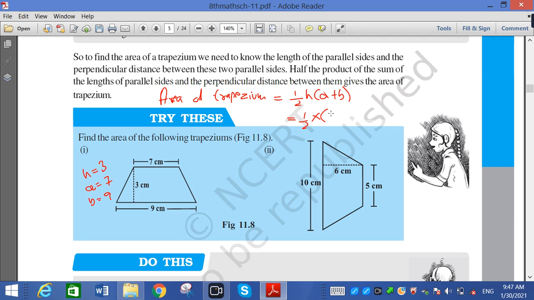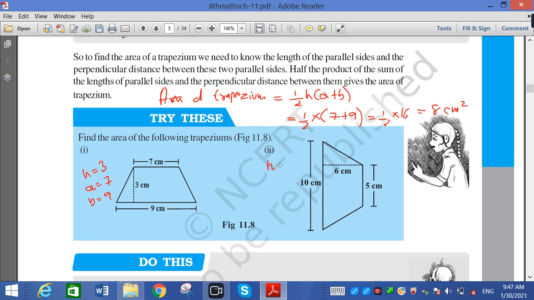That is 7 plus 9, 1 by 2 into 16, that is 8 centimeter square. Again I explain, formula is half H into A plus B, half into 7 plus 9, half into 16, that is 8 centimeter square.